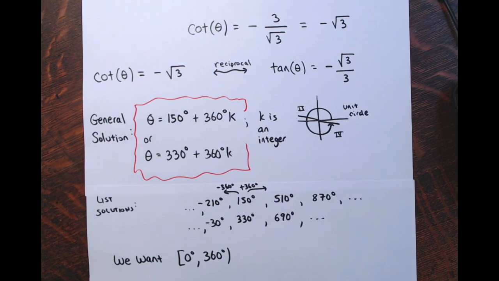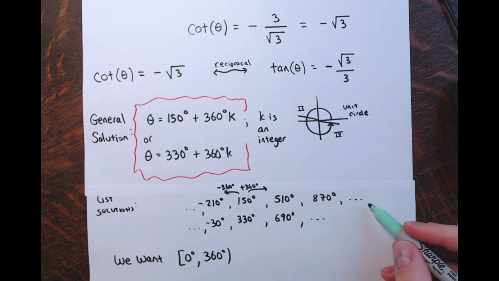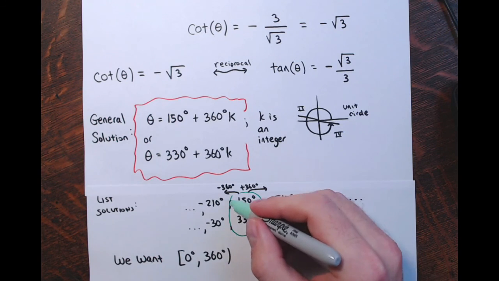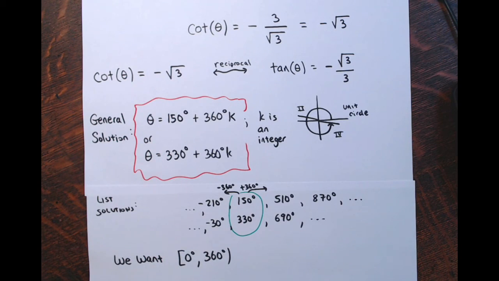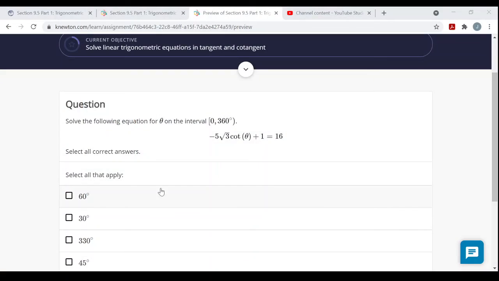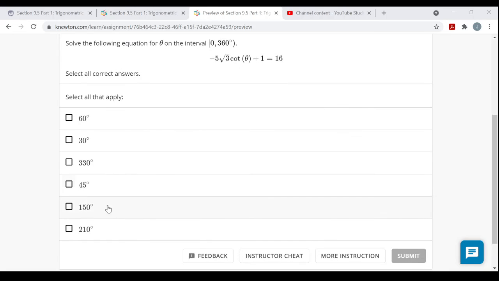So all these solutions are too big, all these solutions are too small. It's only these two, only the ones I initially stated, 150 degrees and 330 degrees. Those are the only ones that are solutions to the equation and also in that range that they desire. Okay, so back here, select all that apply: 150 degrees, 330 degrees.